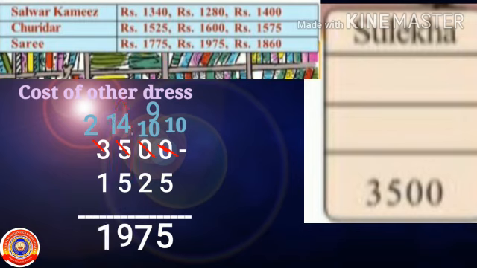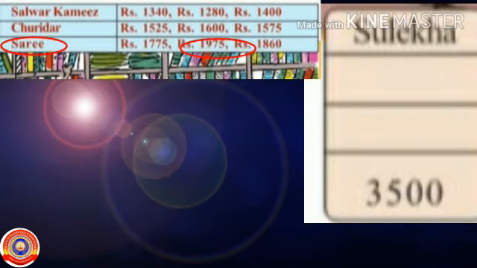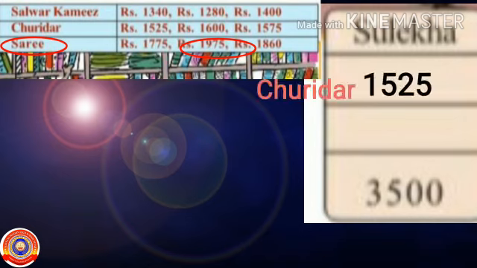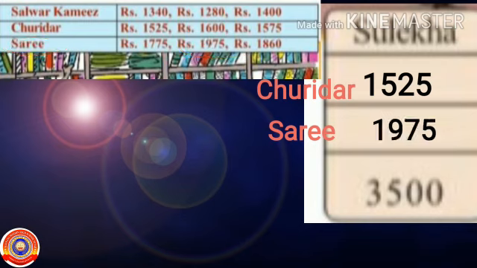Which amount do you get? 1975. Which dress can she buy with 1975 rupees? Yes, sari. So, with this 3500 rupees, Sulekha bought a churidar for 1525 rupees and a sari for 1975 rupees.